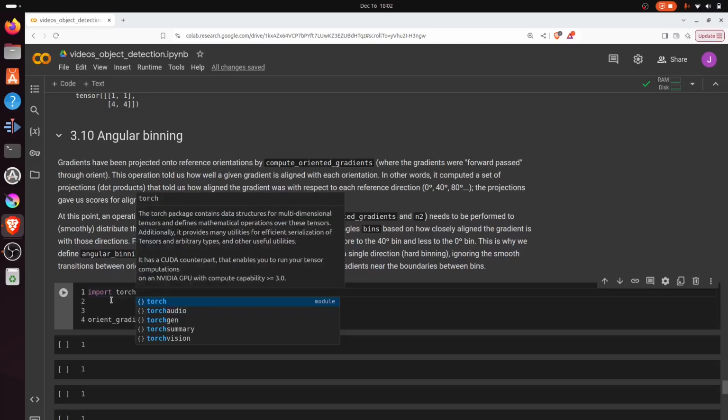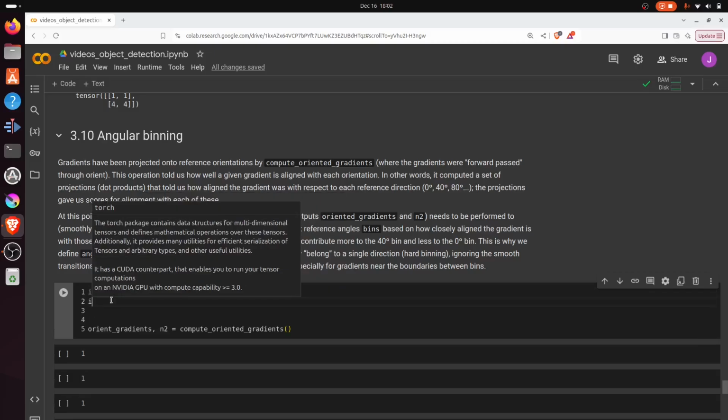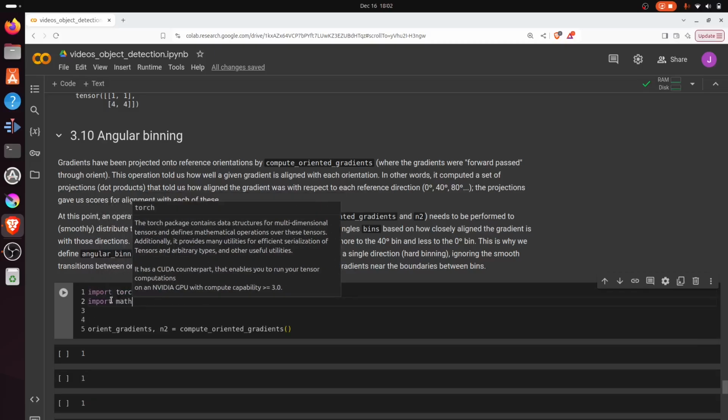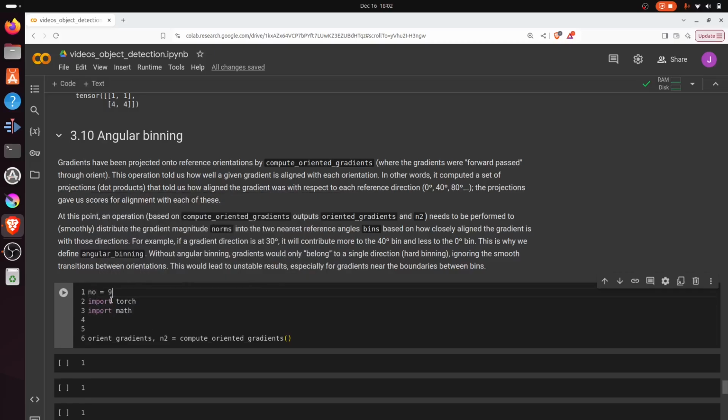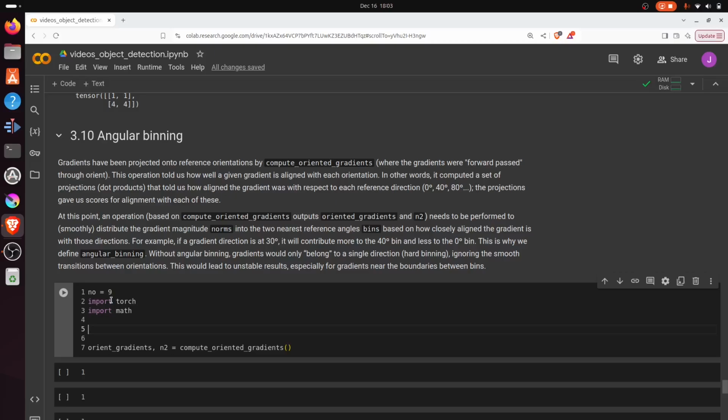Then we're also going to import math, and also state that the number of orientations that we're using is 9. And we're also going to define a dummy tensor, just a random tensor.